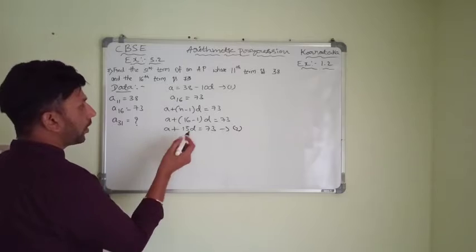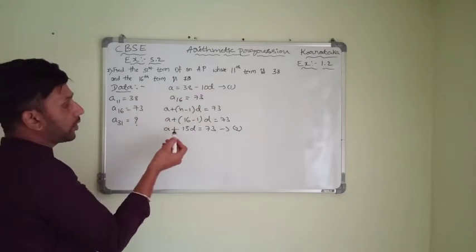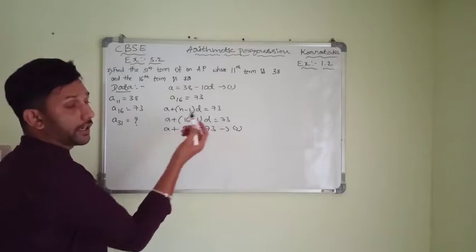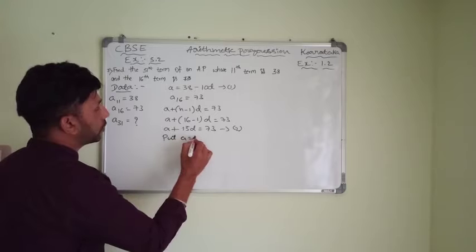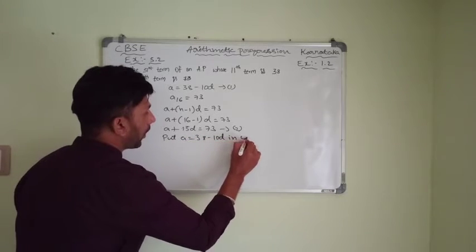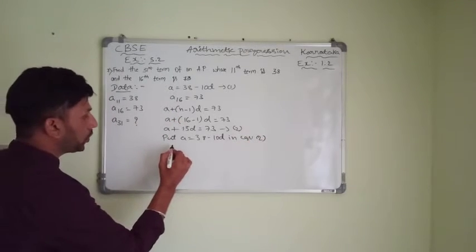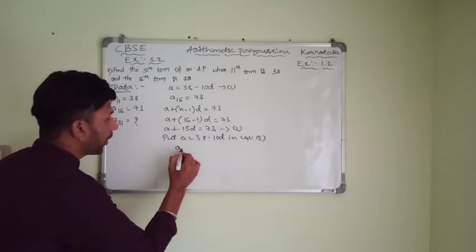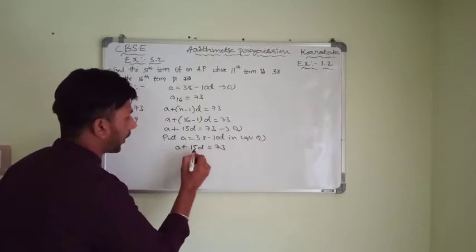Now just apply this equation number 1, nothing but the a value, in the place of a in the second equation. So put a is equals to 38 minus 10d in equation 2. So therefore what is the equation number 2? The equation number 2 is a plus 15d is equals to 73, right?